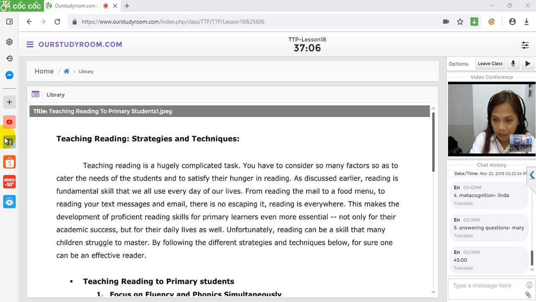So I give an example: when I teach students a paragraph about the daily activities of a family, before reading, I provide students with tools.